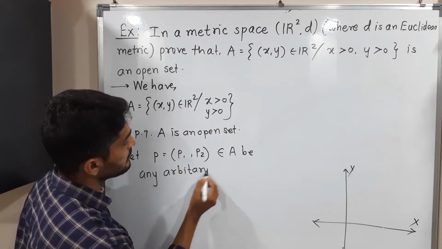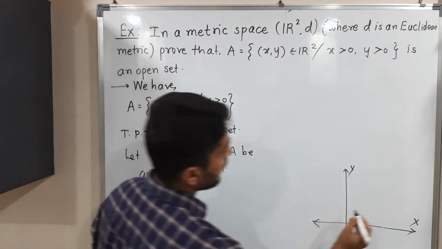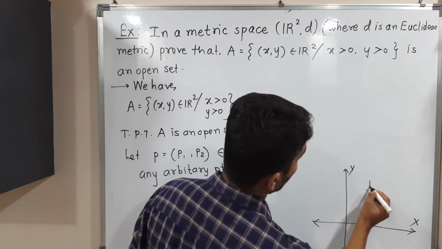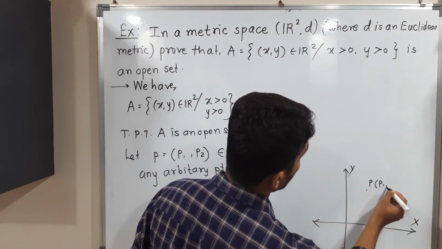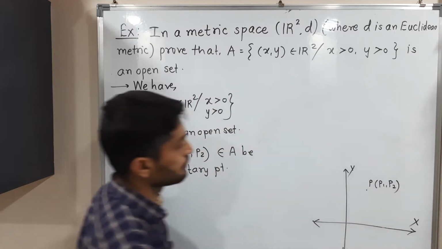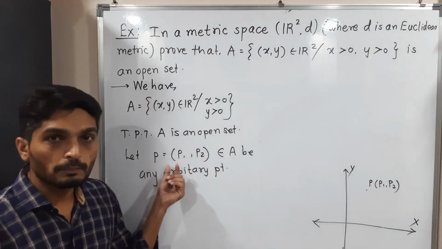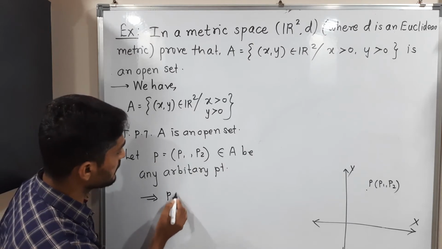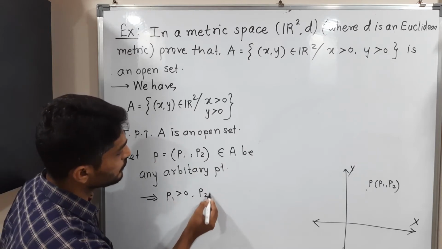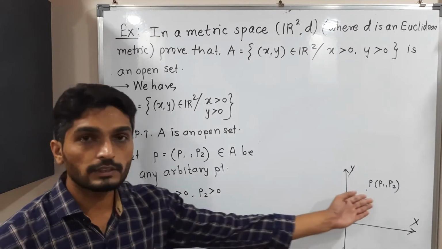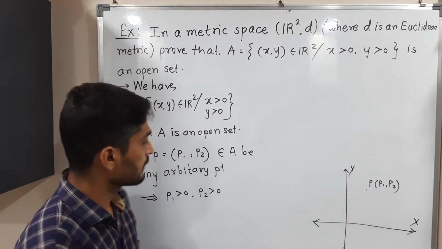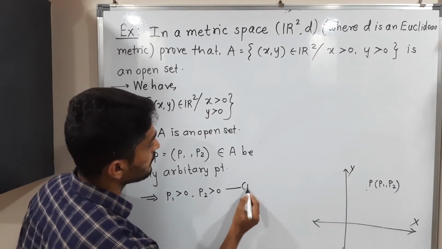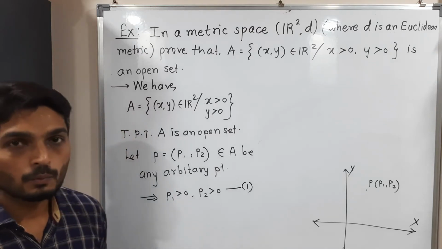That means I am selecting a point P of the first quadrant. So obviously P1 is positive and P2 is also positive since it is in the first quadrant. I will call it inequalities number 1.